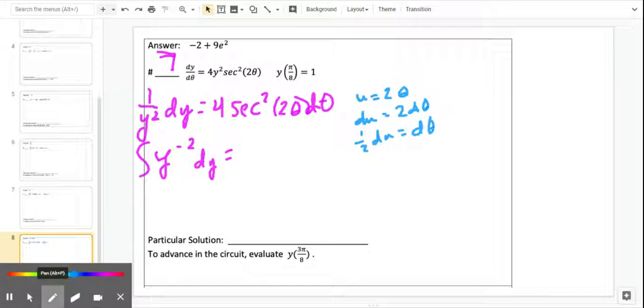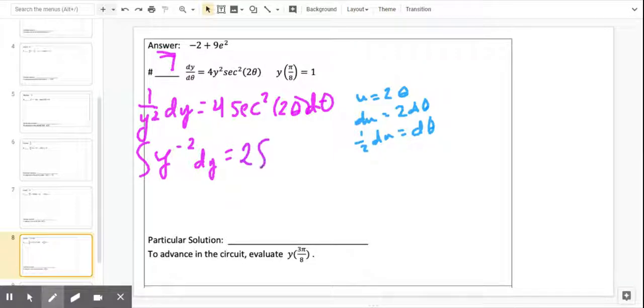All right, so now this is all going to be multiplied by 1/2, but we have a 4 here, so it's 4 times 1/2. So we're going to have 2 secant squared of u du.